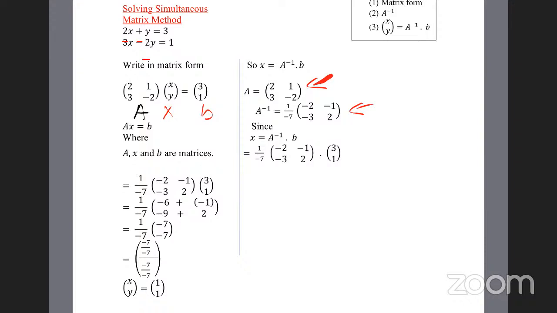And then I'm going to multiply the inverse by b. How do you multiply? Row by column, row by column. And you will end up with this here. And then you multiply everything by minus 1/7, and you get this. That's okay? So you have to remember those steps. Find the inverse. After you find the inverse, multiply it by b. Right? B is 3, 1. All right. So those are the things you need to know.